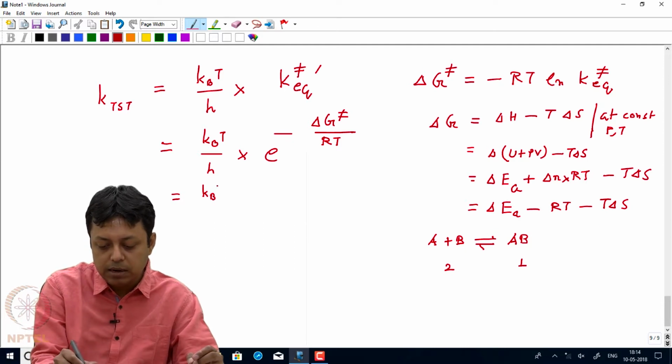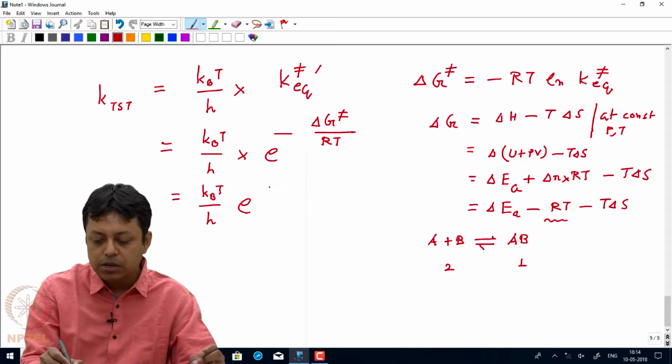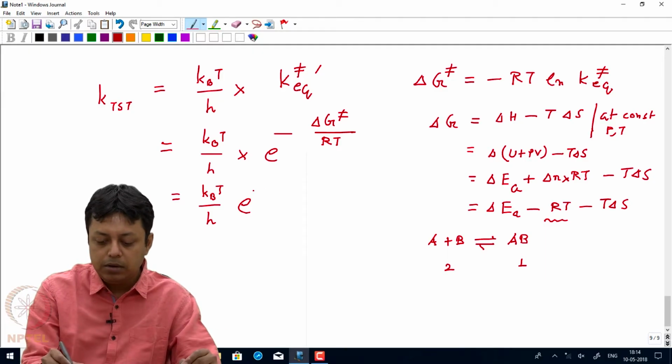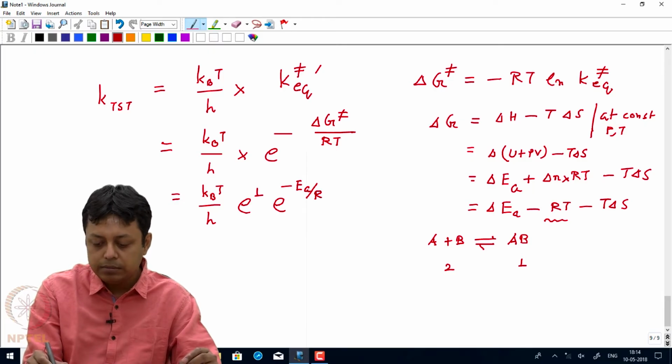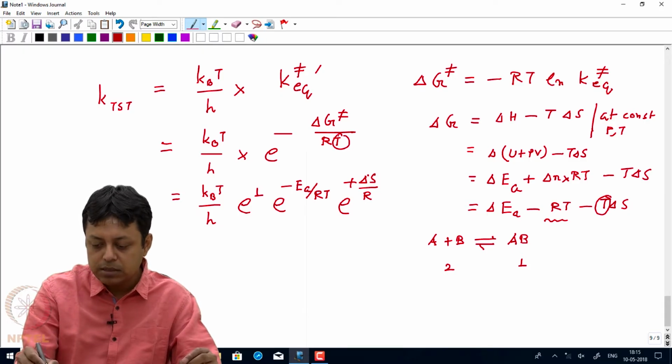So what do we see here? It is kBT by h times e to the power minus, first I am writing this RT term, so e to the power minus RT by RT minus RT by RT, it will be basically just e, or e to the power plus 1, times a factor which is e to the power minus EA by RT, and then a factor which is e to the power plus delta S by R, because there was a T here, it cancels with this T here.